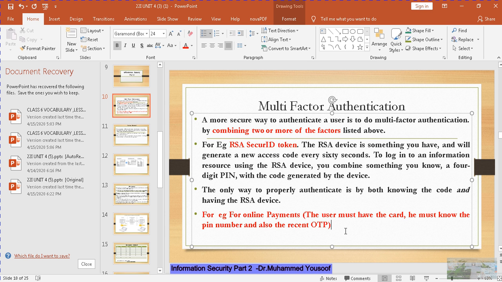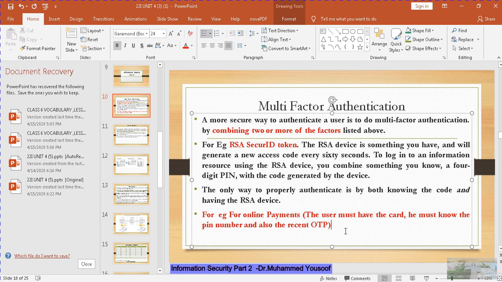When you want to make the transaction, normally in the olden days it was very easy. You swipe the card, the transaction is over, or you enter the card number and the CVC number in the back, and you do the transaction. But now you enter the card number, you enter the CVC number which is the 3-digit number in the back. That is not enough. Additionally, they will send one password which is called one-time password.